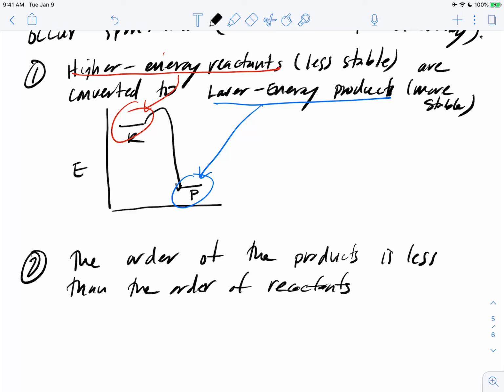So this is going from reactants that are high order to products which are low order.